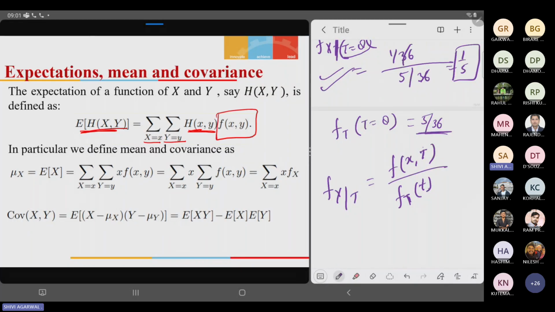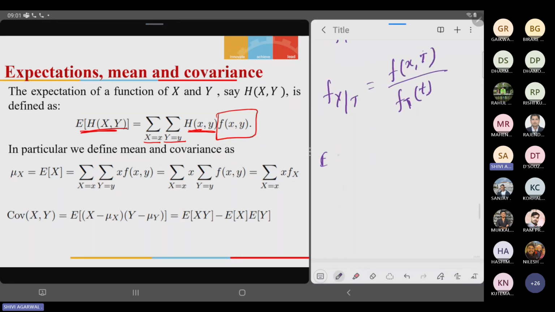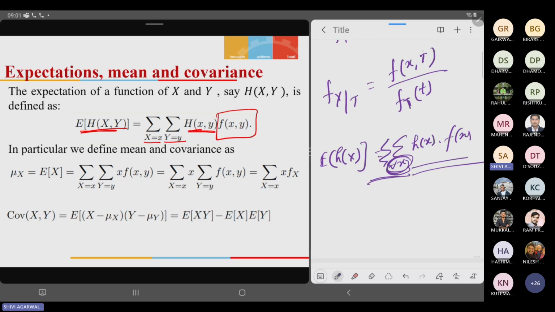The same question you have done. If we are finding expectation of x, if we are just talking about h(x), what will you do? You take summation for all x, h(x) multiplied by density function. Same here we are doing. The only thing is, because there is not only one x, there are two random variables, we have to take summation for all x, summation for all y.